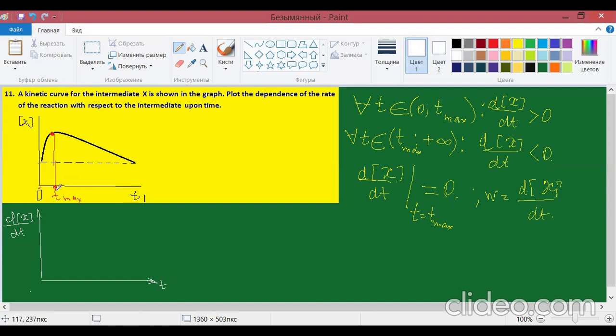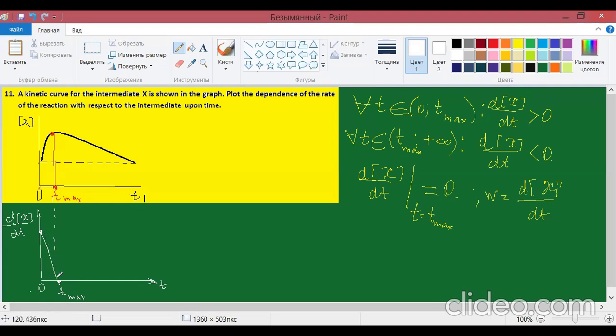Okay, and here is this time point t max. We remember that from 0 to t max, the derivative is positive. This is the initial point.